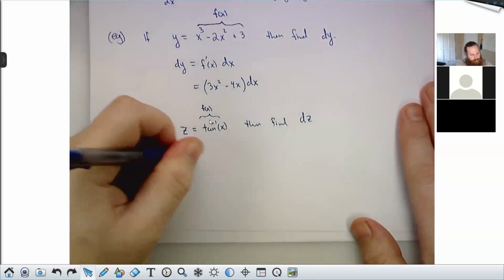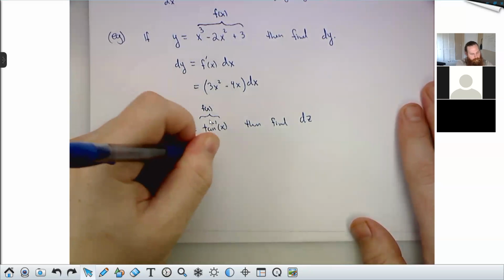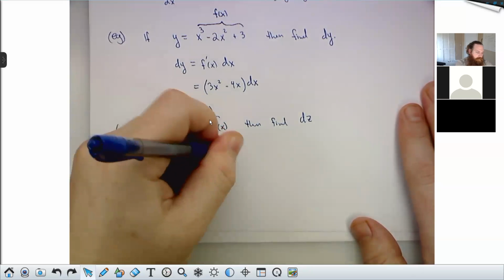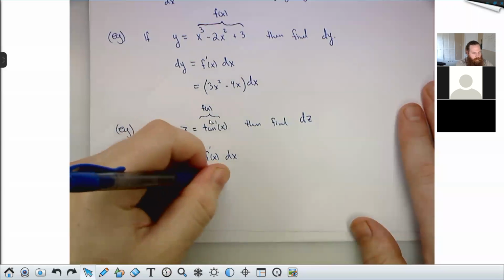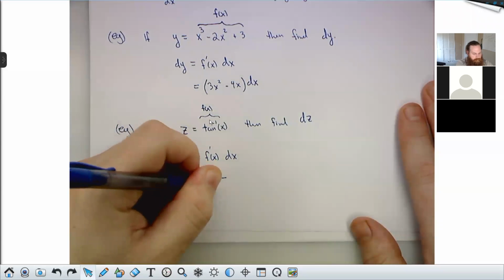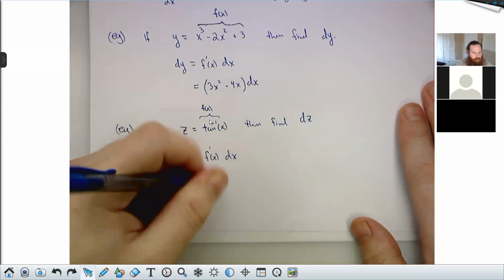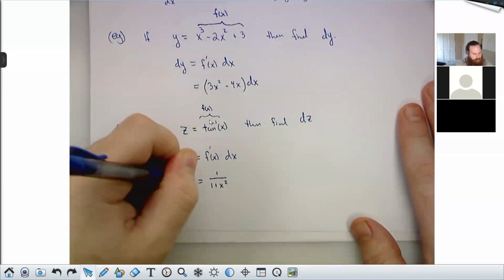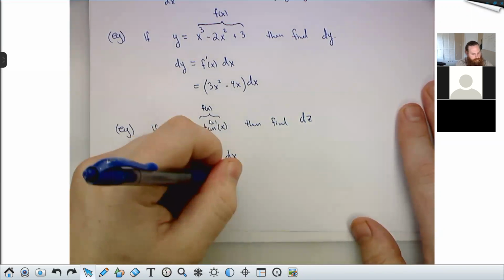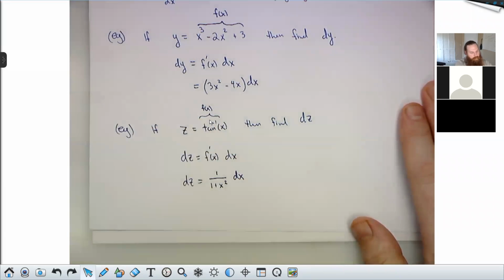So dz should be f primed of x times dx. F primed of x here is 1 over 1 plus x squared. That's the derivative of inverse tangent of x. So dz is that times dx. Okay?